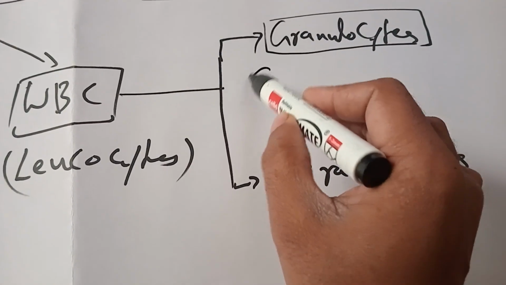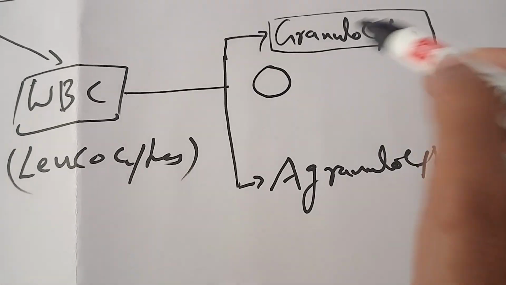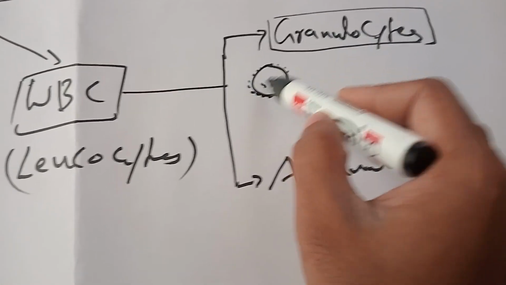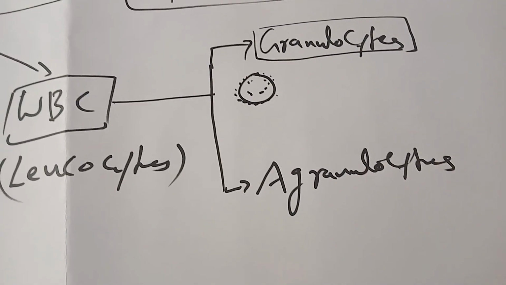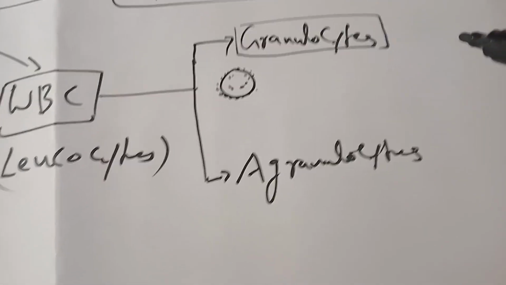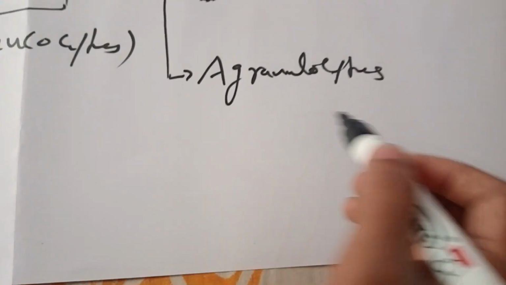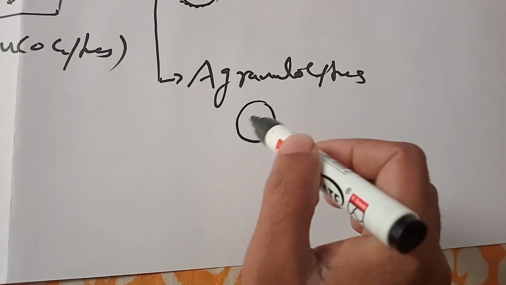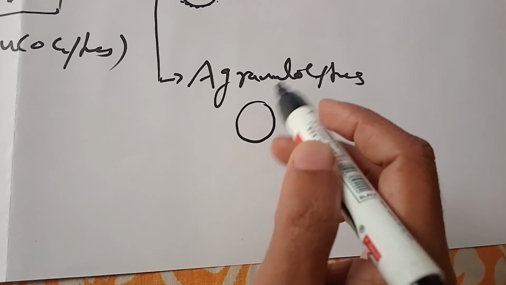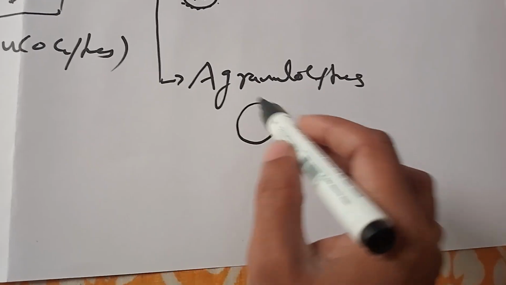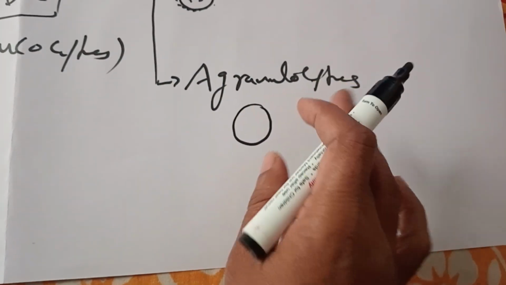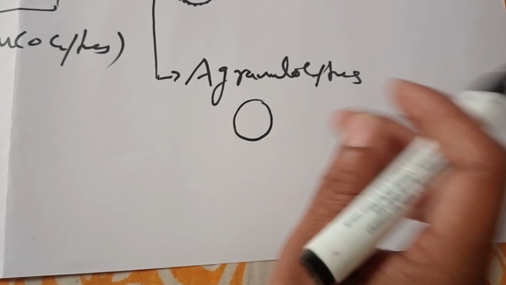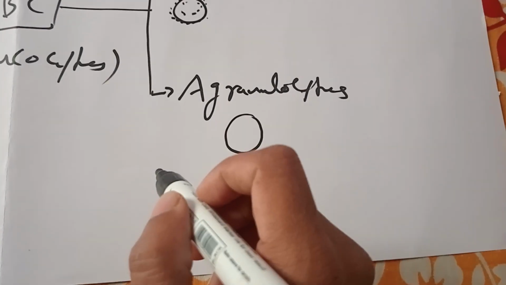So this is a white blood cell, and the outer surface has granule-like structures, so they are called granulocytes. The types of WBC which have no granule-like structures, with a smooth surface, are called agranulocytes.